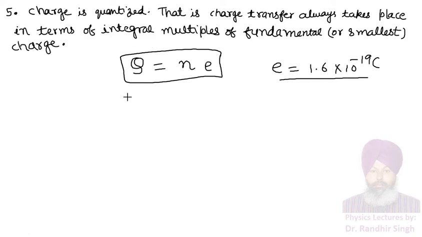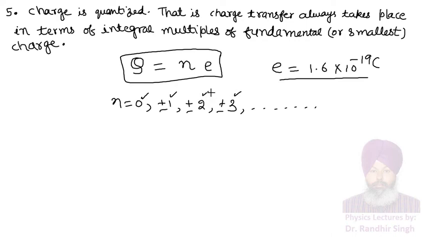So Q = ne, where the value of n can be 0, ±1, ±2, ±3 and so on. It means that either no electron is transferred, or one electron, or two electrons, or three electrons will be transferred from one body to another body.